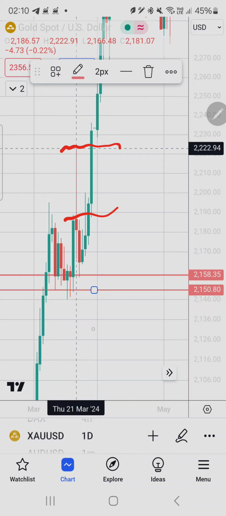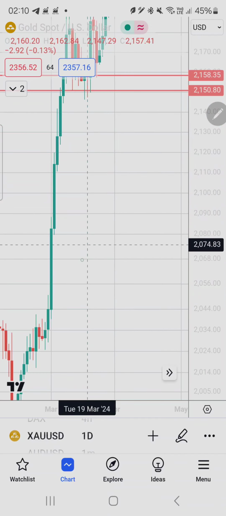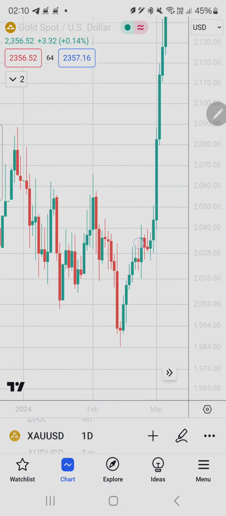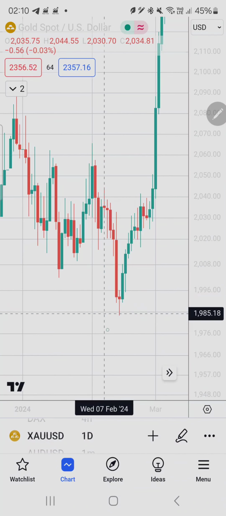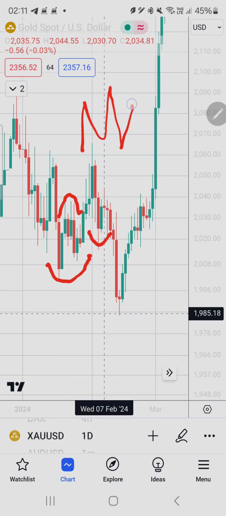All right, let's go back. Here we have another pattern. This is our shoulder, this is our shoulder, this is our shoulder. If you make it like this, this was our sell zone, it failed. So I'm going to mark it here like this.